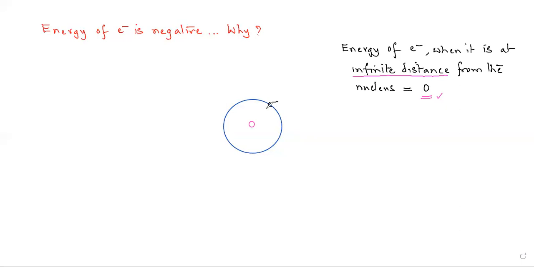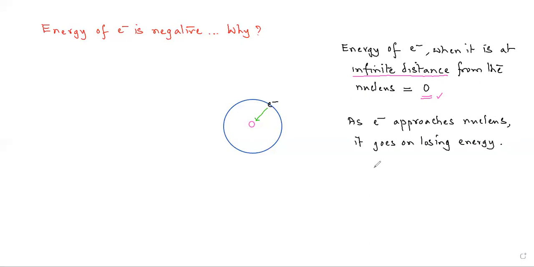But see, as the electron approaches the nucleus, it goes on losing energy. It is already zero. Now it is going on losing energy. So what happens? It goes on becoming negative and negative.